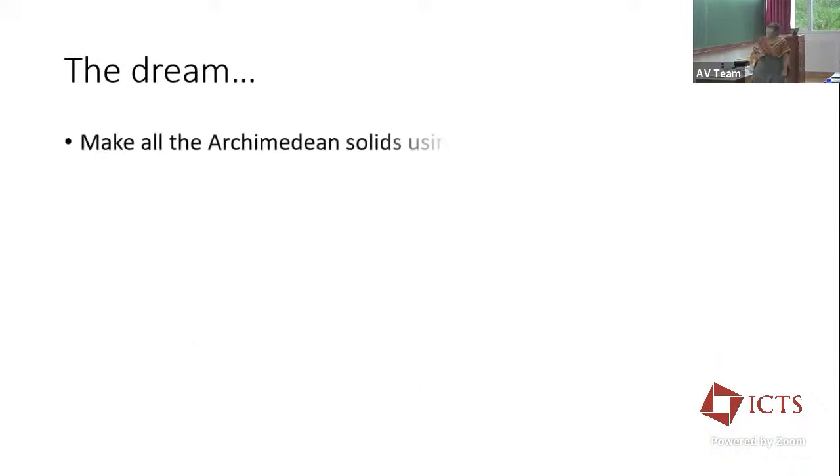So that was to make all the Archimedean solids. Now in Archimedean solids, you again have all the edges the same. All faces are regular polygons, but not necessarily the same regular polygon. And whatever happens in one vertex happens in all the vertices.